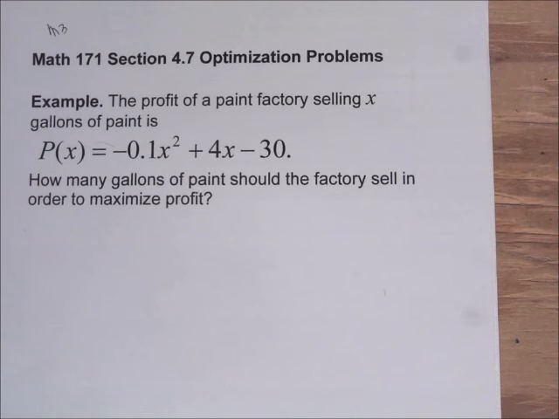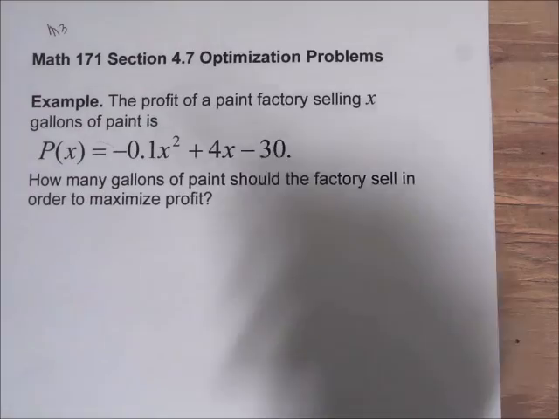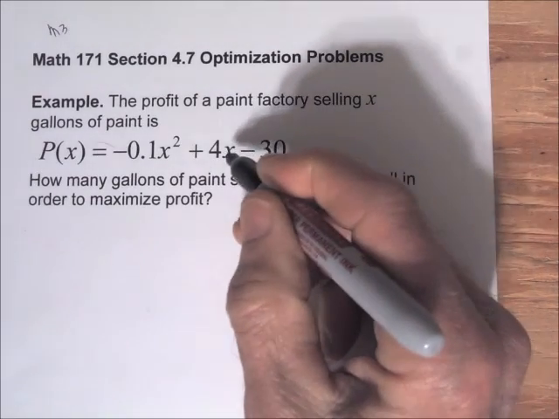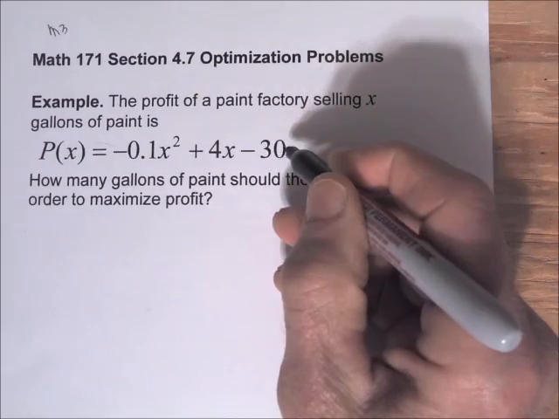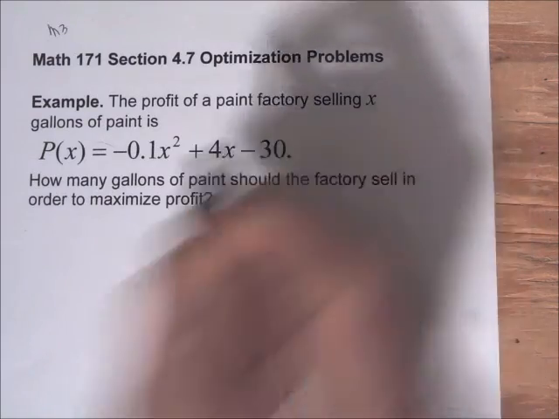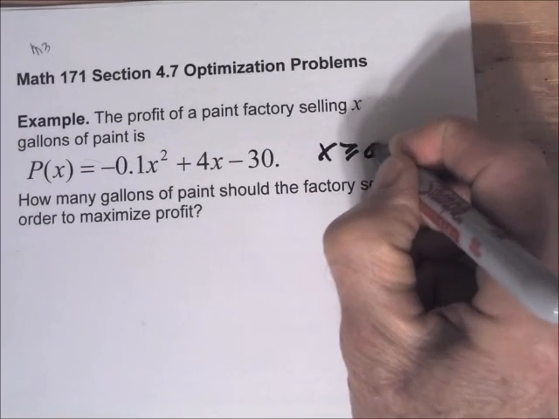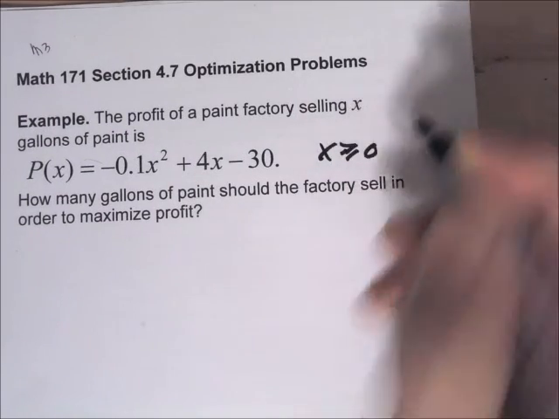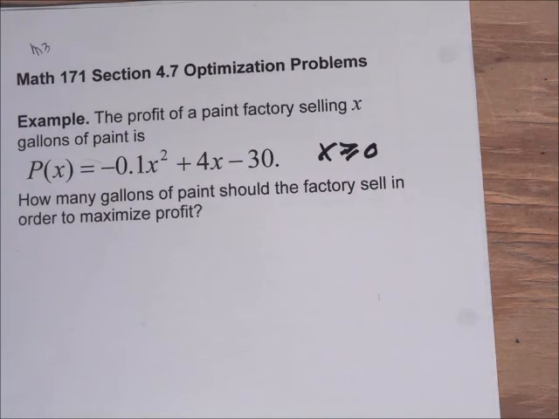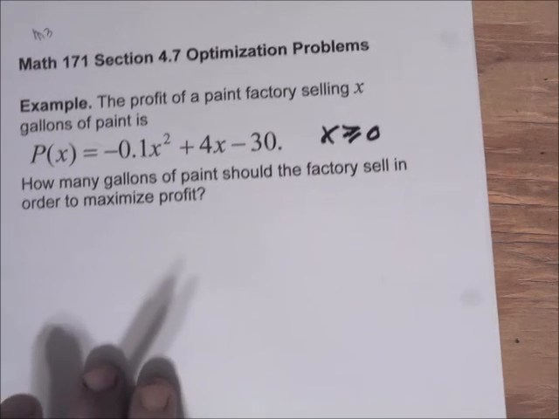So for this one, we'll treat the domain as X greater than or equal to 0. They're not going to sell a negative 2 gallons of paint. So this is a half open interval here, going from 0 to infinity.